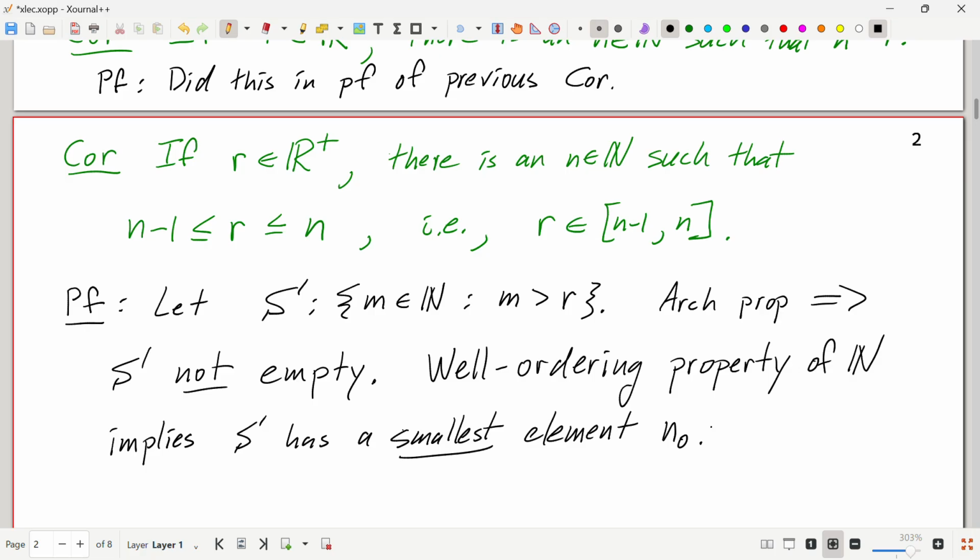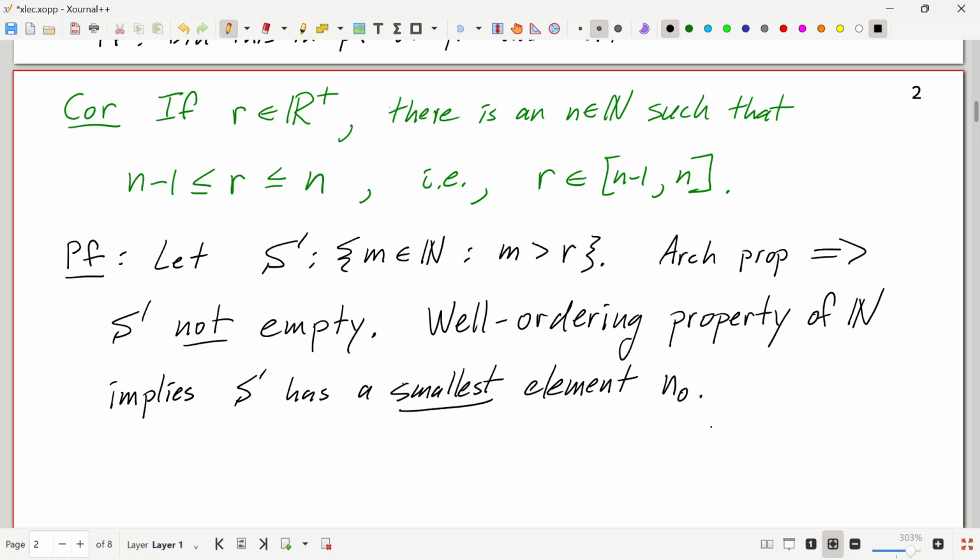So let's see. That means n naught is the smallest one, and that means n naught minus 1 is not in S, because n naught is the smallest one. It could be 0.